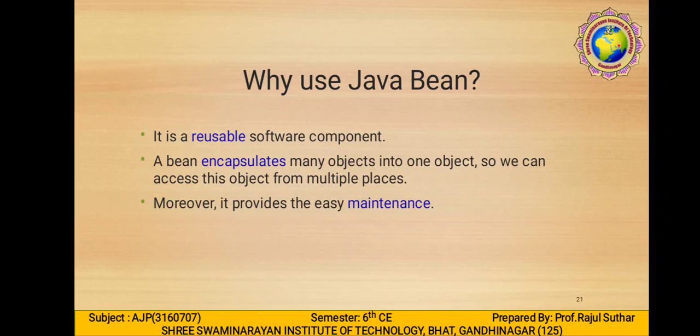These are the main benefits, as well as some advanced features like it provides distributed applications, application interoperability, application integration, and availability of Java application servers. This type of benefits is also covered in Java Bean, so we need the Java Bean.